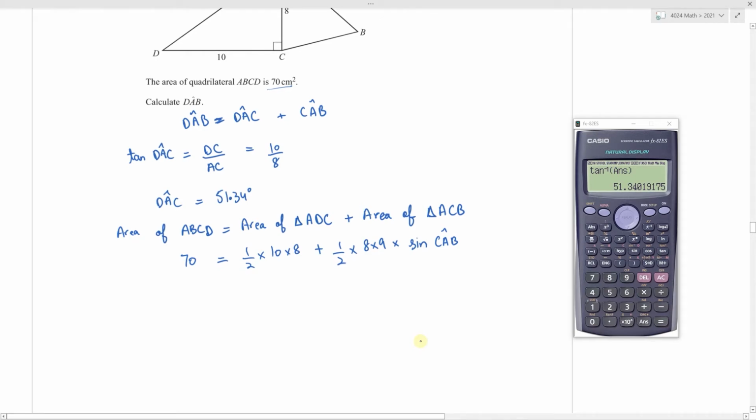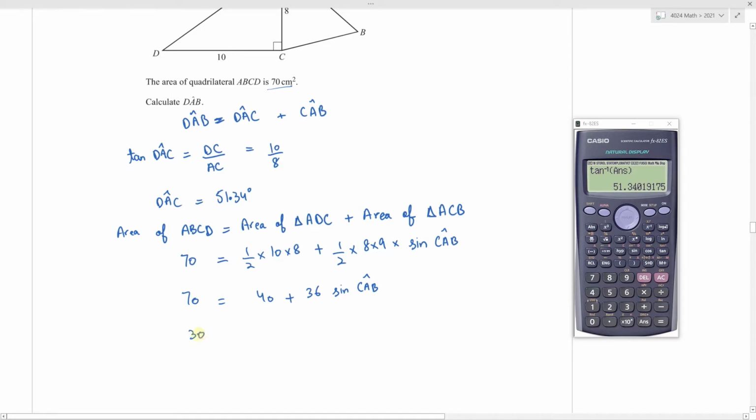So let's do that. This will be 70 equals 40 plus 1 by 2 times 8 times 9, which is 36 sine of CAB. I'll take this 40 to the other side.